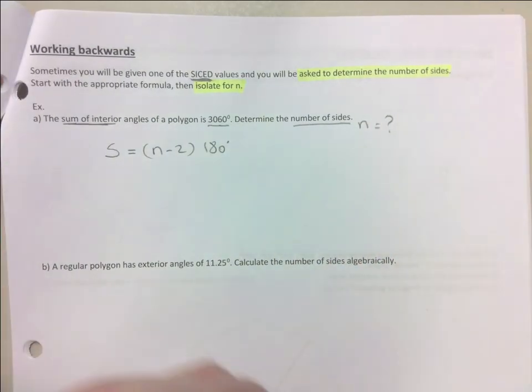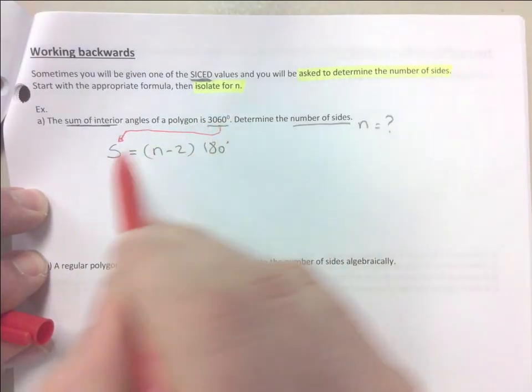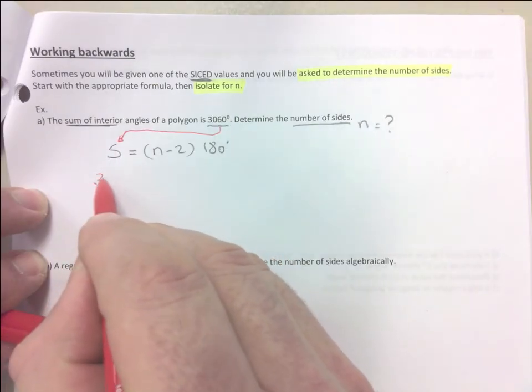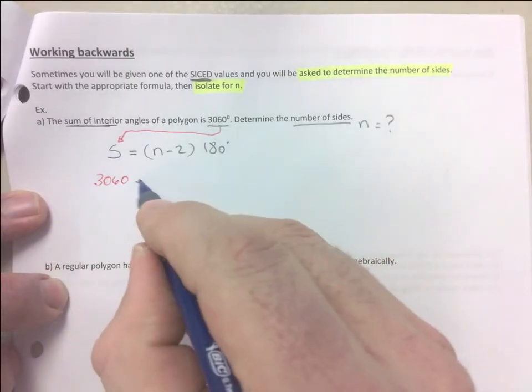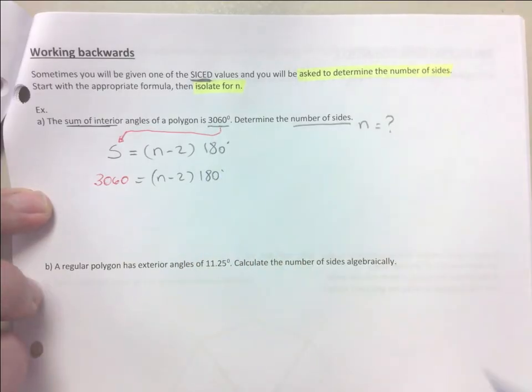We substitute in this number for s because we know what the sum is. Okay, so we go 3060. That is equal to n minus 2 times 180.